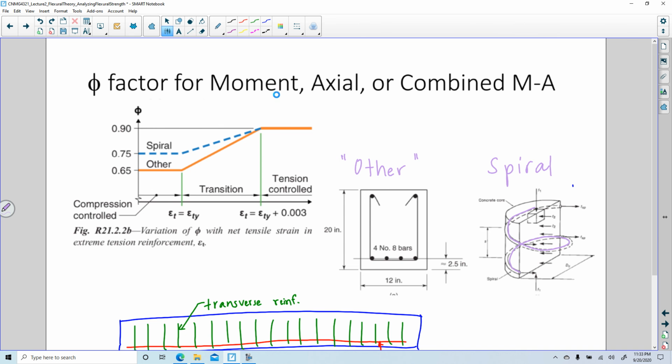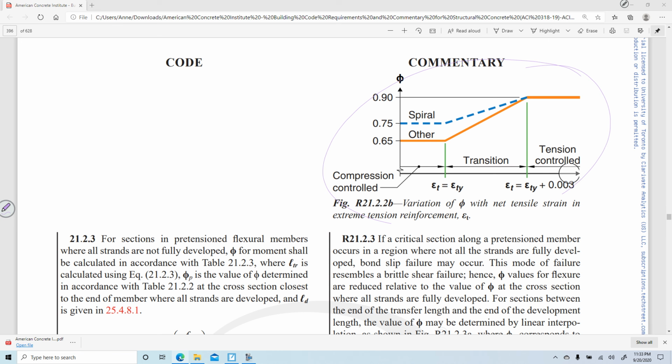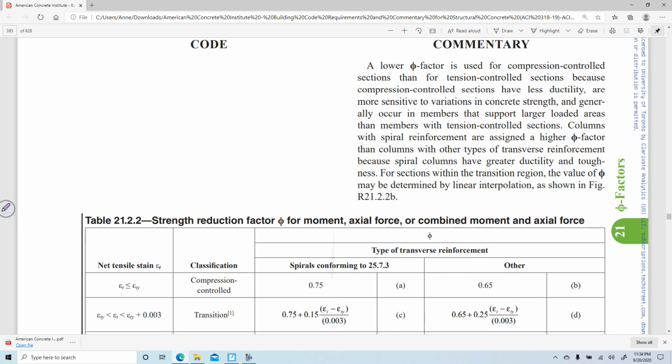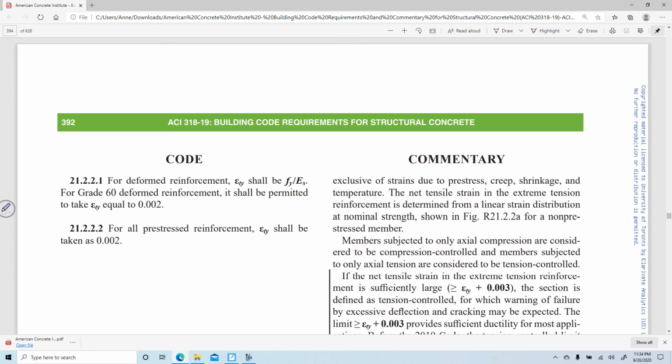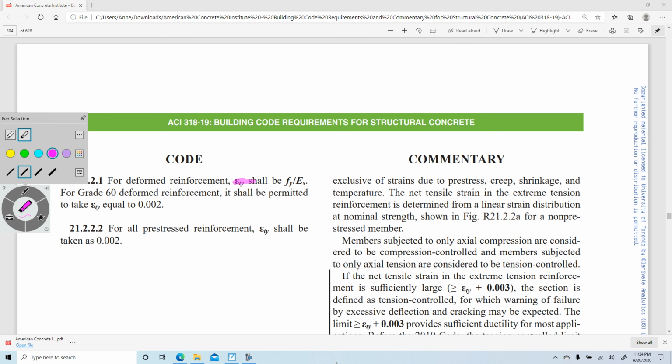Now the other thing that your code said is that strain, that yield strain associated with your tension steel shall be your yield stress divided by your elastic modulus.